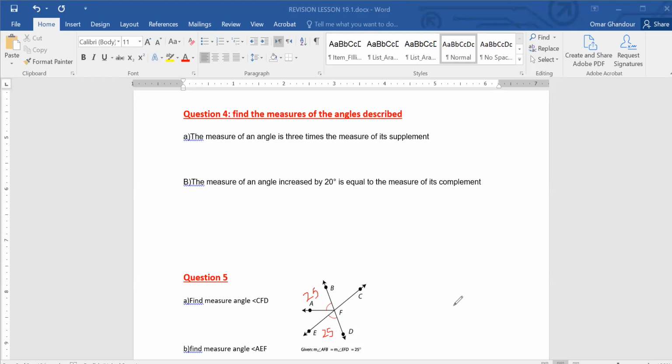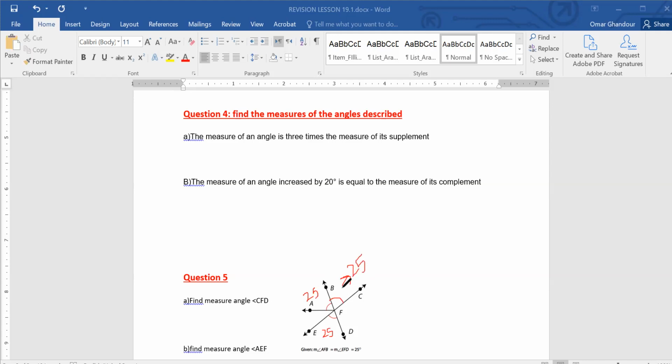Okay, I will give you a hint. Angle CFD and angle BFC. Can you see these two angles together? They form a linear pair, right? And these two angles are supplementary. The problem is that I don't know BFC, but actually you know it. These two angles are in front of each other like a giant X, right? So actually this angle is 25 as well.